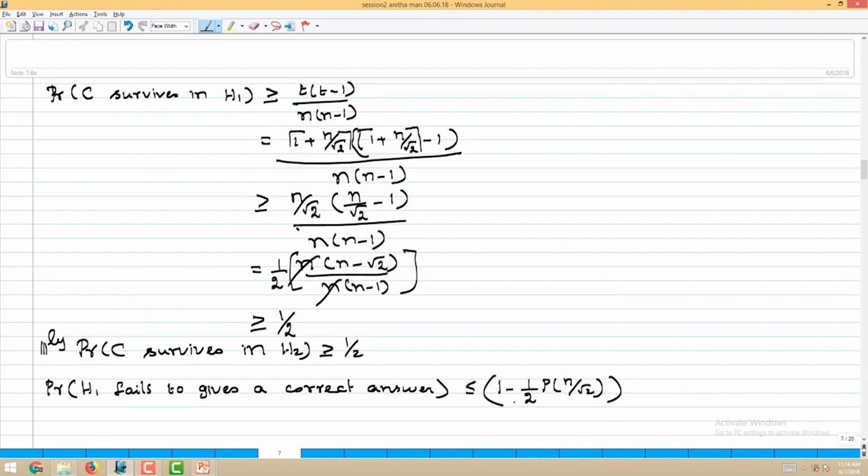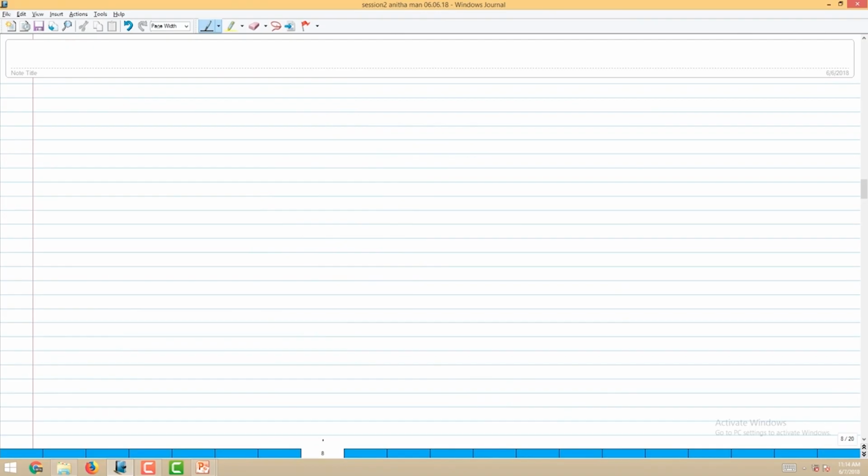Now, you can write P of n. When will the algorithm fail? Both H1 and H2 are not able to succeed in preserving C, correct.